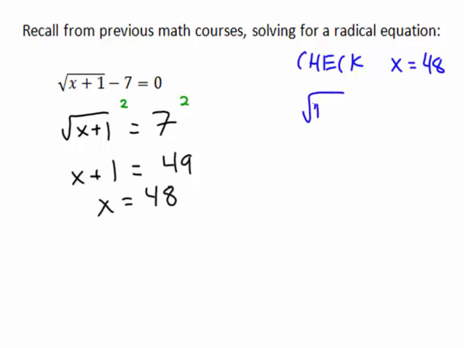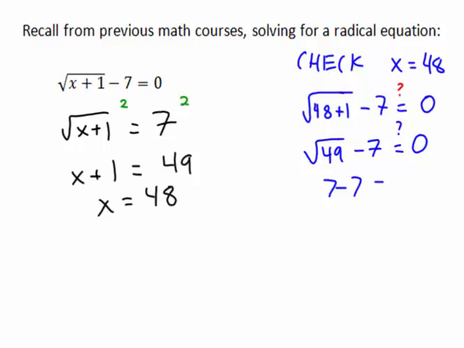If we do 48 plus 1 minus 7, does that equal 0? The square root of 49 minus 7, does it equal 0? And of course we get 7 minus 7, which does equal 0. So we could say that x definitely does equal 48.